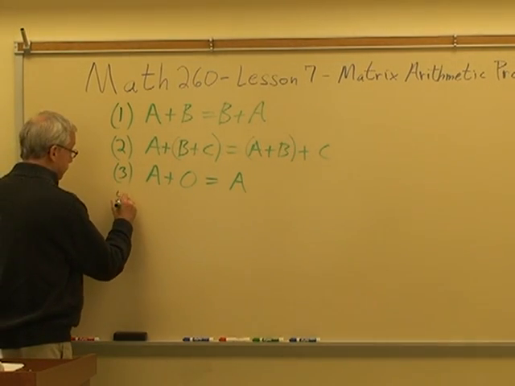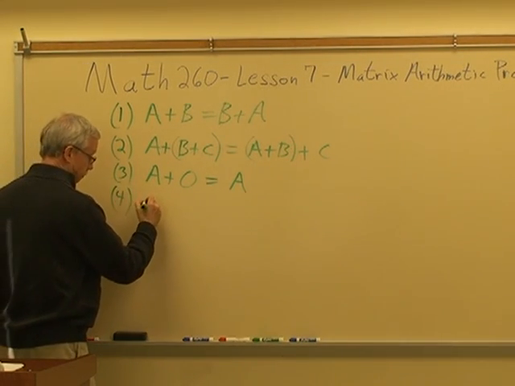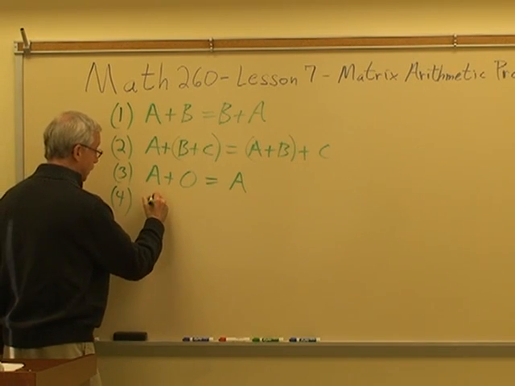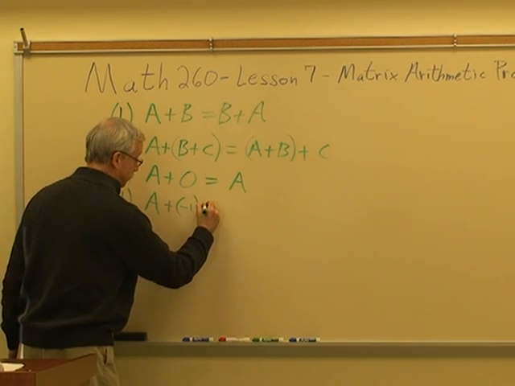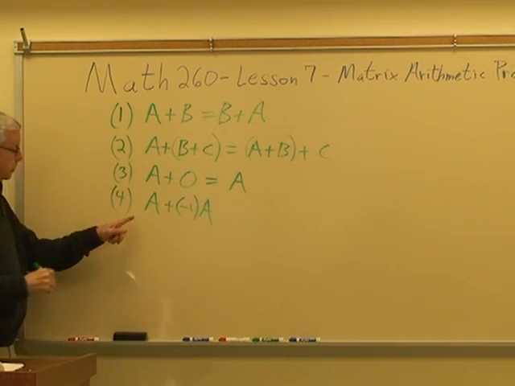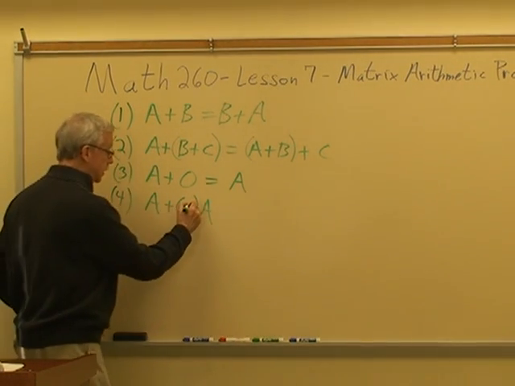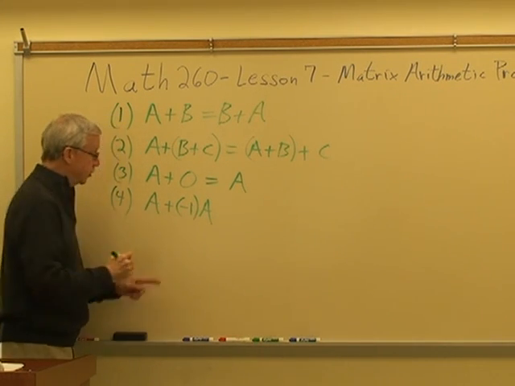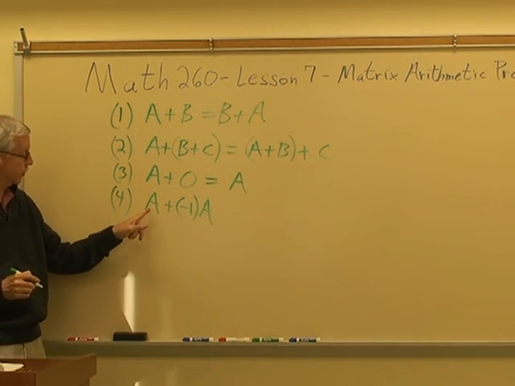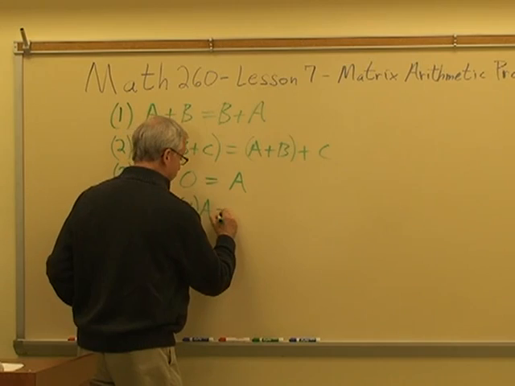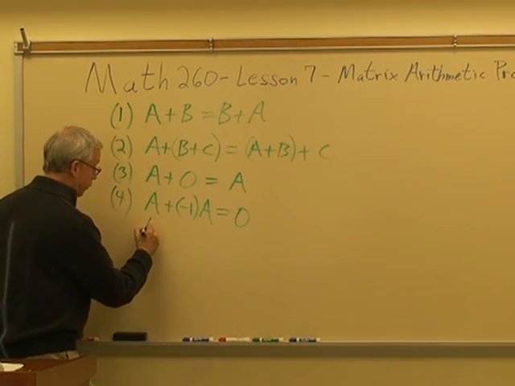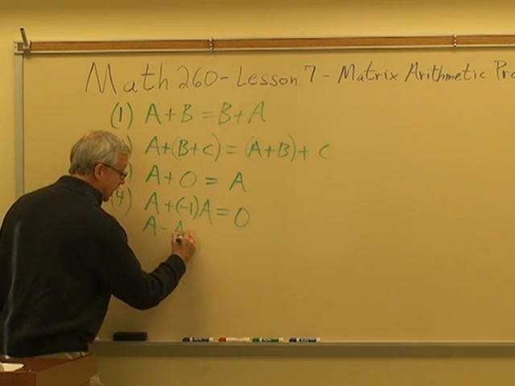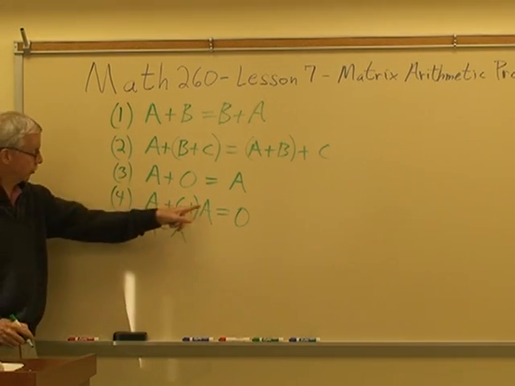And then finally, for additive properties, A plus negative 1 times A simply negates all the elements of A and adds it to A, so I get the zero matrix as the result. This can also be written as A minus A, shorthand for A plus the negative of A.